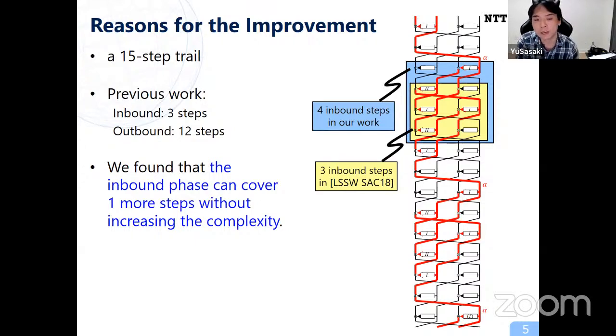But in this research, we found that by carefully choosing the values in an appropriate order, the inbound phase can cover 1 more step without increasing the complexity. This is just the beginning of the analysis, but basically it is the fundamental idea to improve the attack.